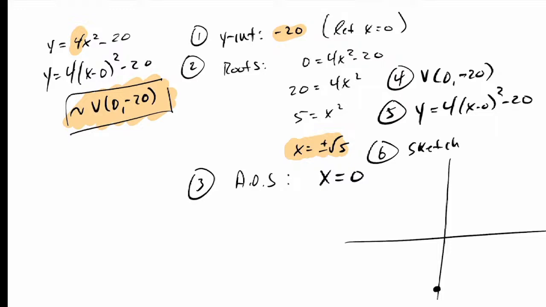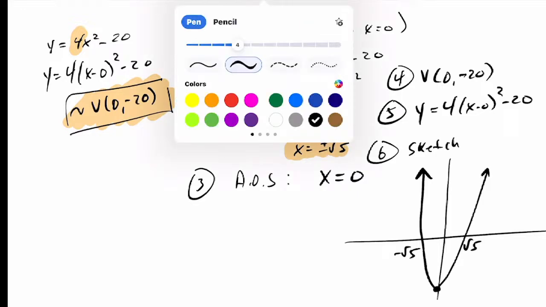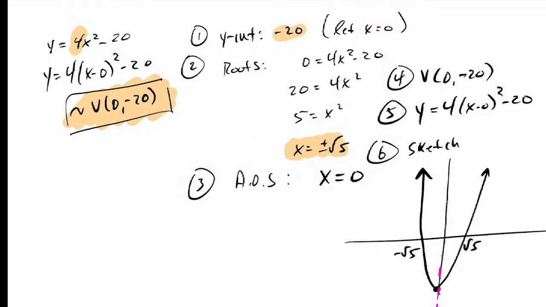It opens upwards. So we're going like this. One root is root 5, the next is negative root 5. We've got an axis of symmetry here of x equals 0.